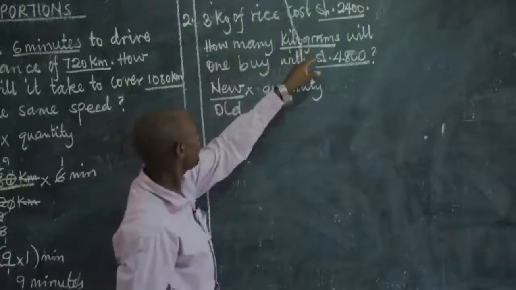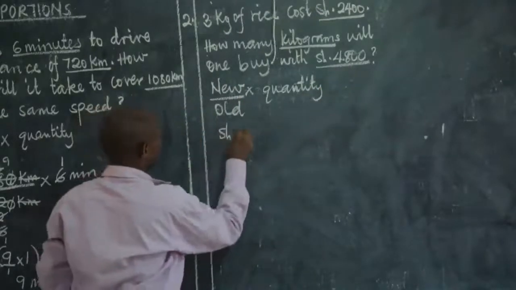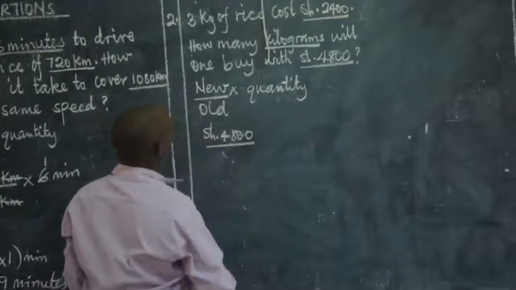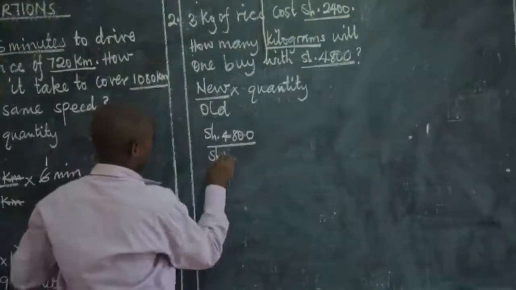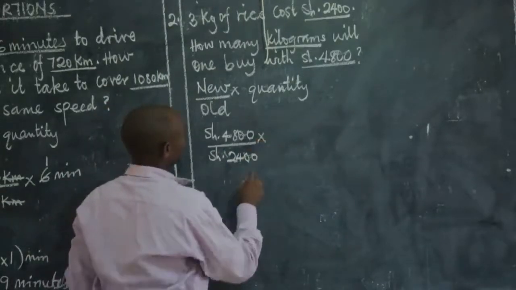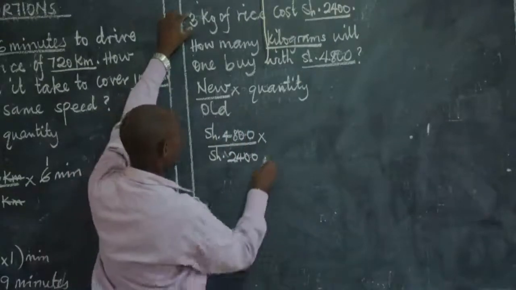How many kilograms will I buy with this one? So this one becomes the new amount of money out of the old amount of money for the 3, which is 2,400. Then we multiply by the quantity, and the quantity which has remained is 3 kilograms.